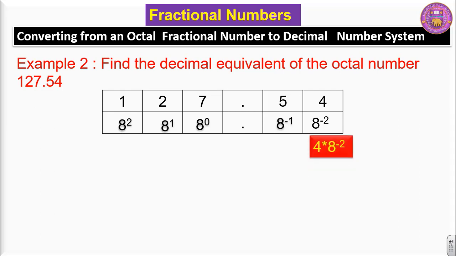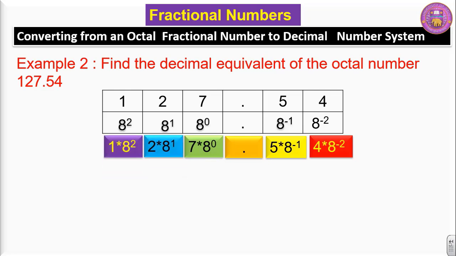4 multiplied by 8 raised to power minus 2. 5 multiplied by 8 raised to power minus 1. 7 multiplied by 8 raised to power 0. 2 multiplied by 8 raised to power 1. 1 multiplied by 8 raised to power 2.